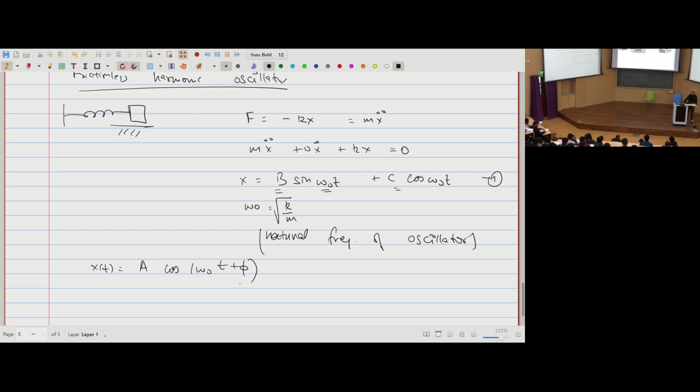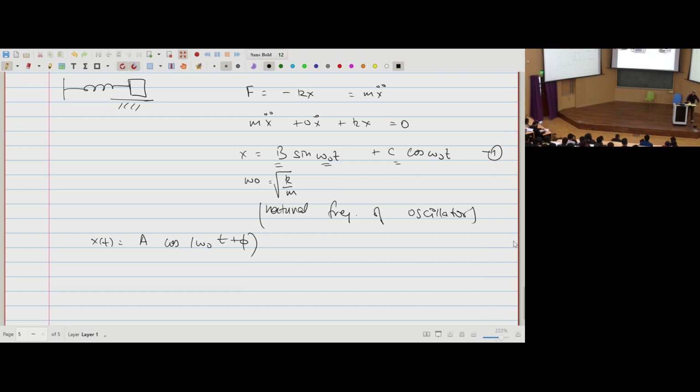The amplitude is A. So whichever style you like, we use number 2 mostly. So you can go from one to the other. So A cos phi becomes C, and A sin phi becomes minus B. So if I know A and phi, I can find C and B, and if I know B and C, I can find A and phi.